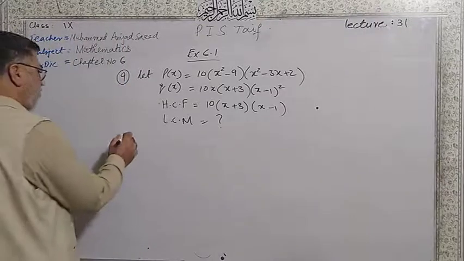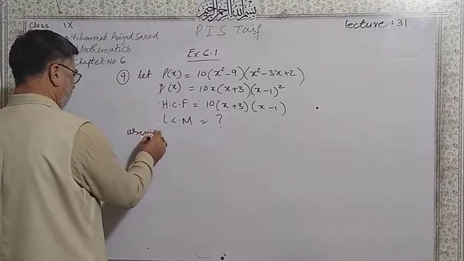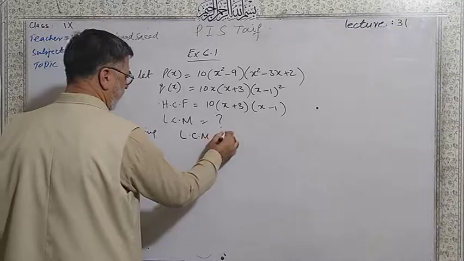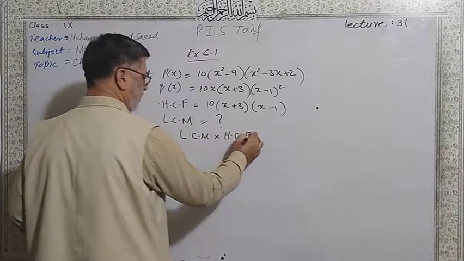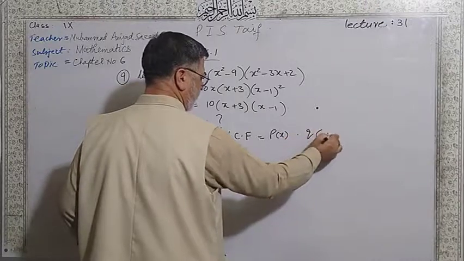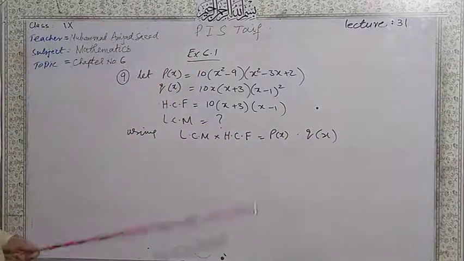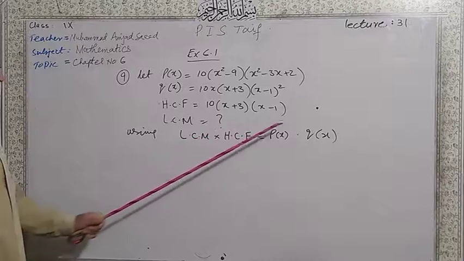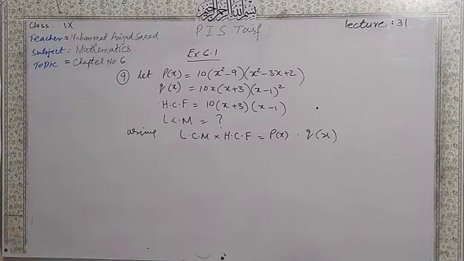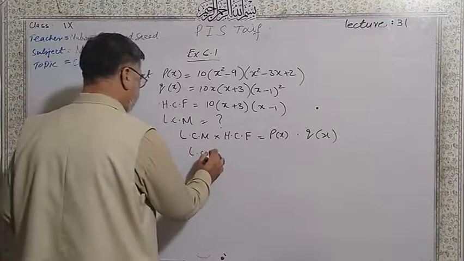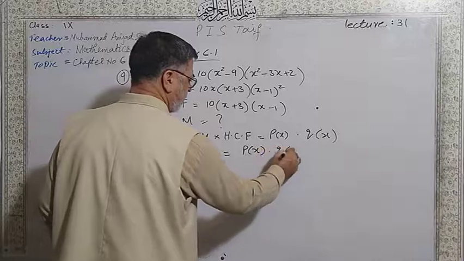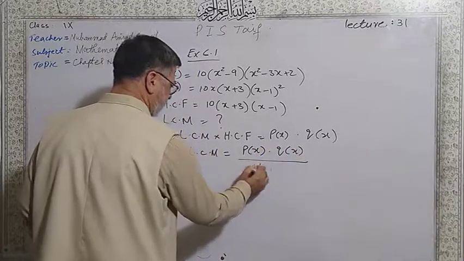So using the formula, LCM into HCF is equal to P of x into Q of x. Dear student, this is the formula. P of x into Q of x is equal to LCM into HCF. You have to find the value of LCM. So keep LCM on one side and bring HCF to the other side.